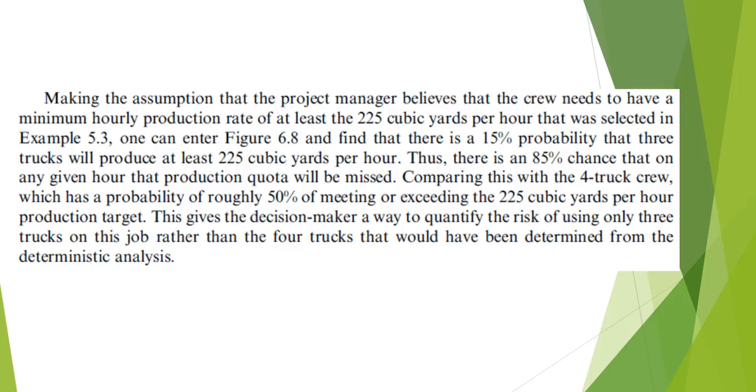But if I use the 4 trucks, and that'll maximize my loader capacity, I've got a 50% probability of meeting or exceeding my target, which is 3 times the other probability. So I'm probably going to go with the 4 truck scenario and say I've got a better chance of meeting my goals.